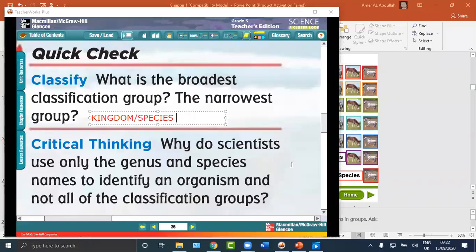Now, why do scientists use only the genus and species names to identify an organism and not all of the classification groups?